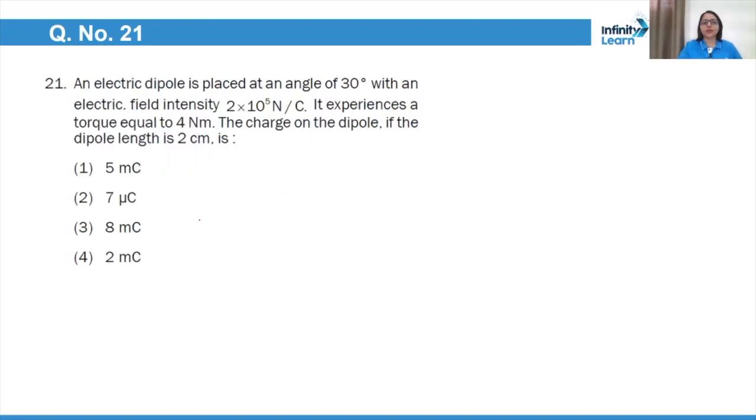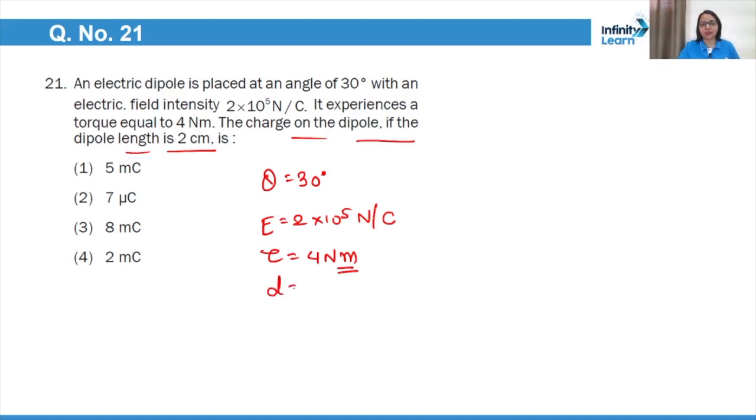Question number 21. An electric dipole is placed at an angle of 30 degrees with the electric field intensity 2 into 10 power 5 Newton per coulomb. It experiences a torque equal to 4 Newton meter. Find the charge on the dipole, if the dipole length is 2 centimeter, that is 2 into 10 power minus 2 meter.